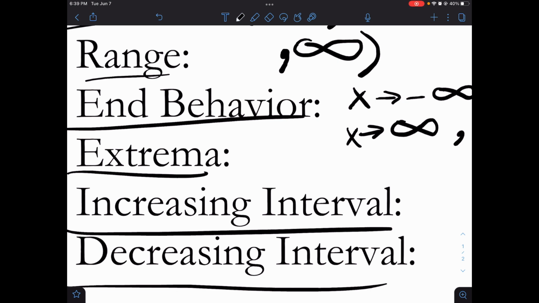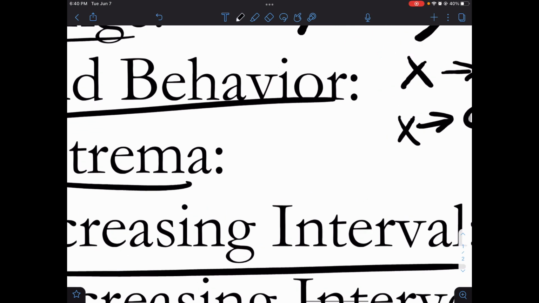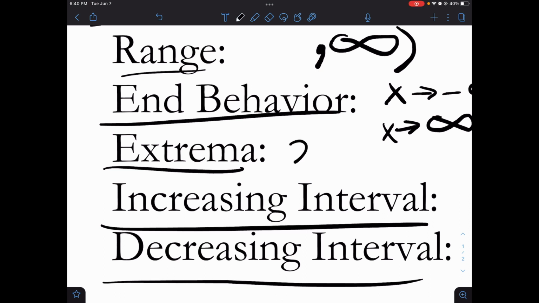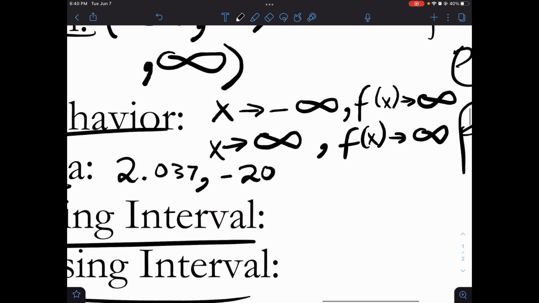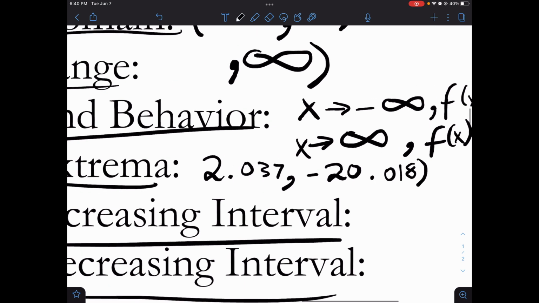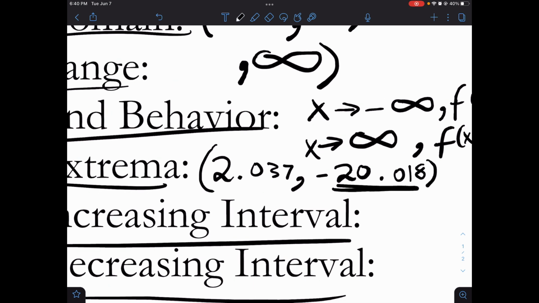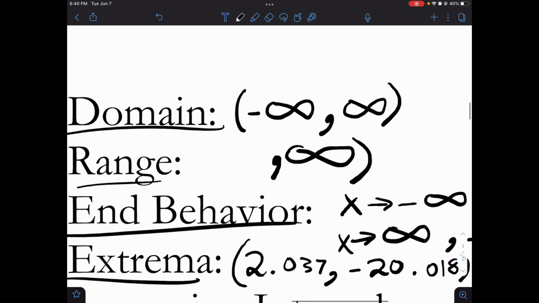So the minimum is gonna be at the point 2.037, negative 20.018. Now we know, since this is the lowest it goes, that's where our range starts from.